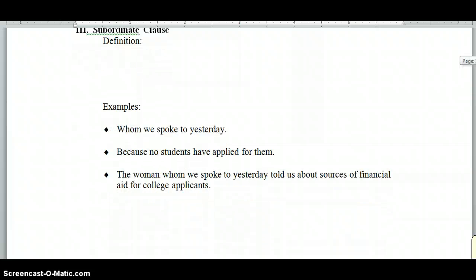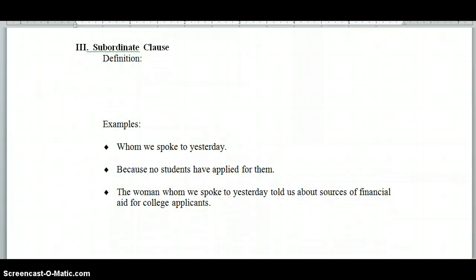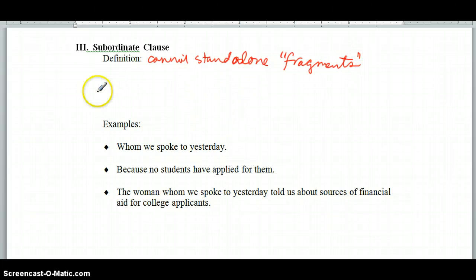Now, what are subordinate clauses? Subordinate clauses cannot stand alone. These are the things that we would refer to as fragments. They don't express a complete thought, and what we are going to be watching for are the conjunctions that lead up to them, because that is going to be your tip, that conjunction, that it's coming.